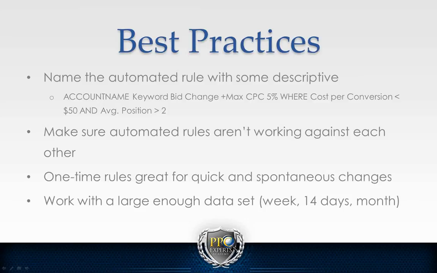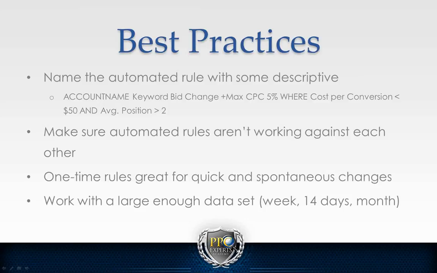What I would do is run a one-time rule where I set a criteria, similar to the one I have above, where I would say increase the managed cost per click by maybe 25%, where my cost per conversion is below the threshold.